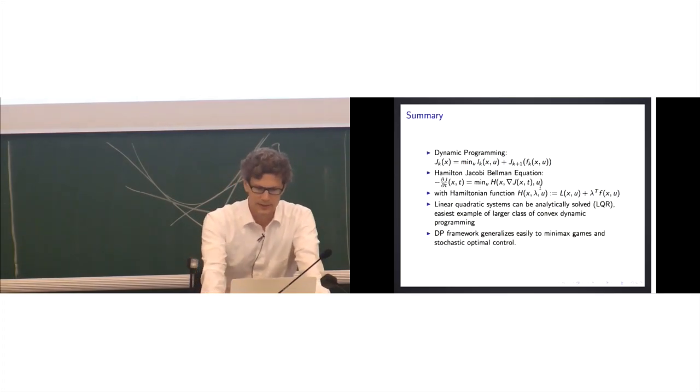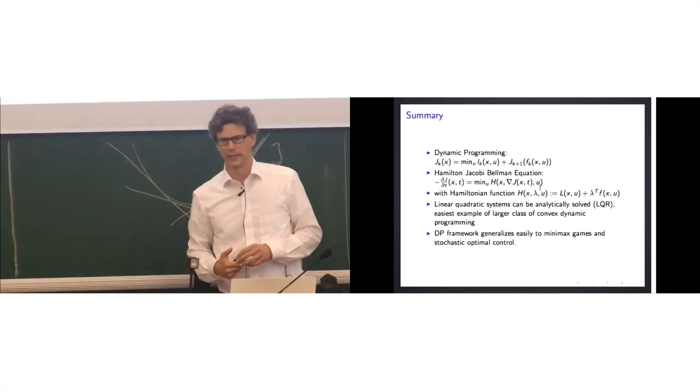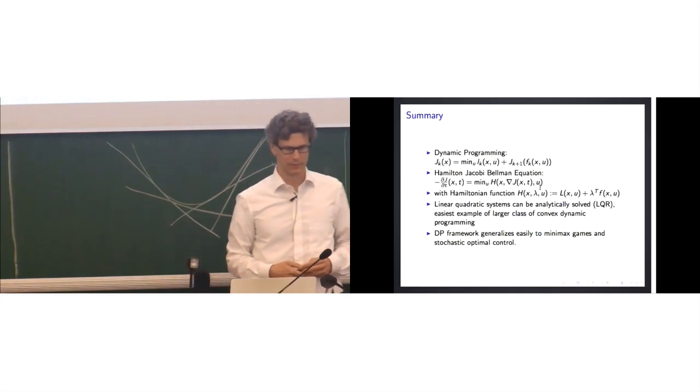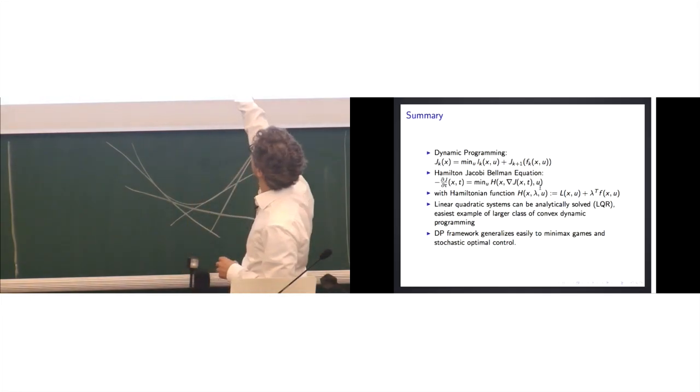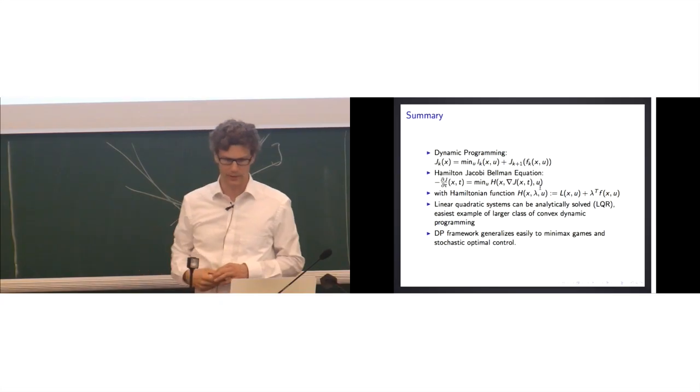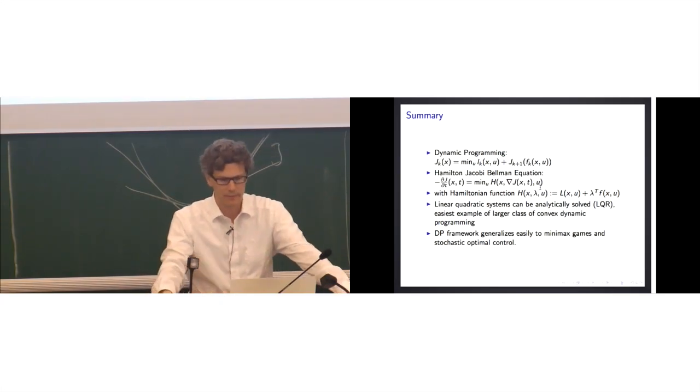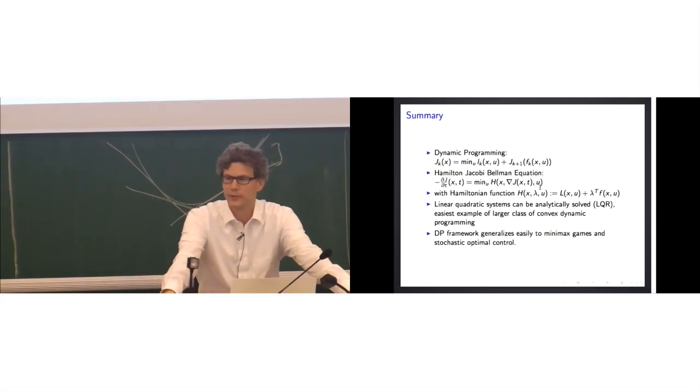So let's summarize. The two equations I think we should remember are the Hamilton-Jacobi-Bellman equation and the dynamic programming equation. This one is most important and I think easiest to remember: the Hamilton-Jacobi-Bellman equation. You can also remember the word Hamiltonian function, because it's sometimes used in the optimal control literature.